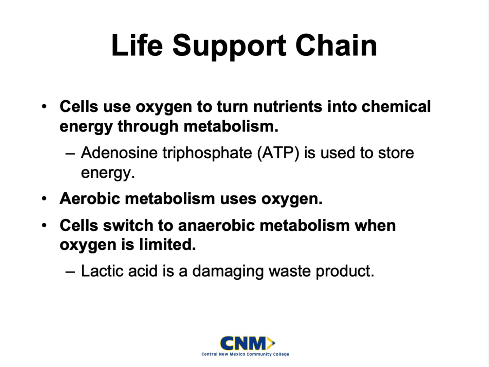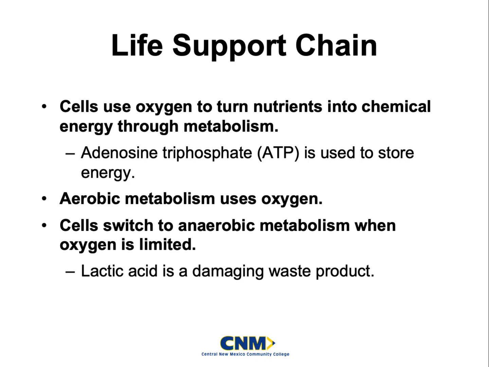Okay? Adenosine triphosphate is the energy that our body needs in order to survive. Okay? And the only way that we can achieve good homeostasis is if we have a good respiratory, circulatory, neurologic, endocrine, all of our body systems have to be working with each other in order to maintain homeostasis.